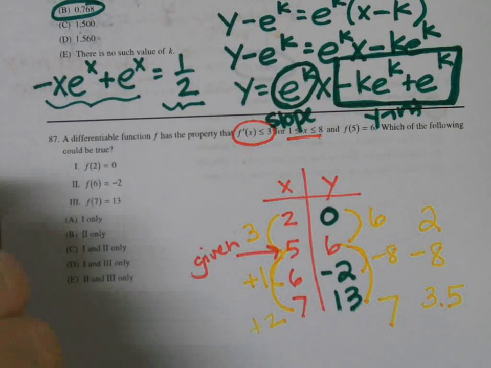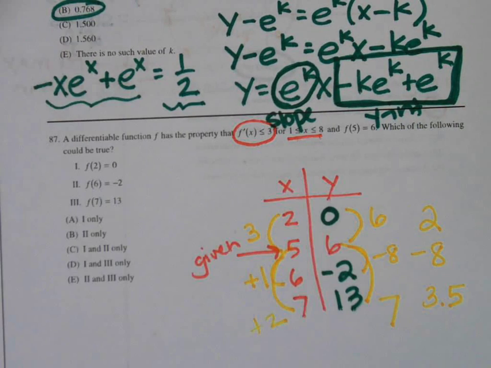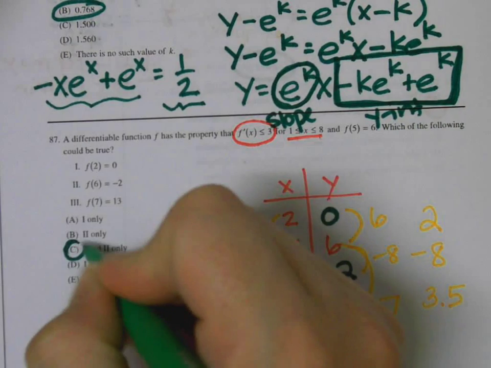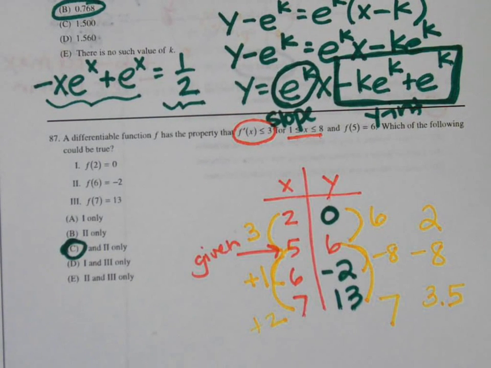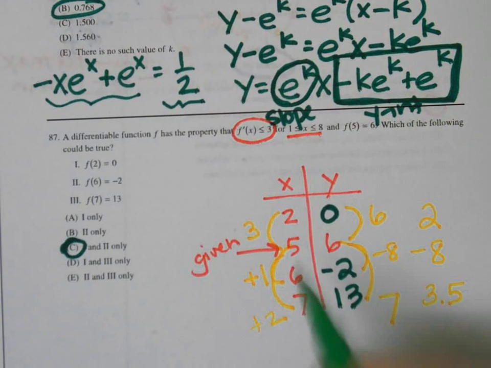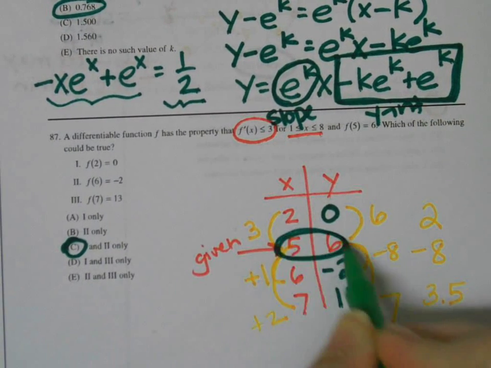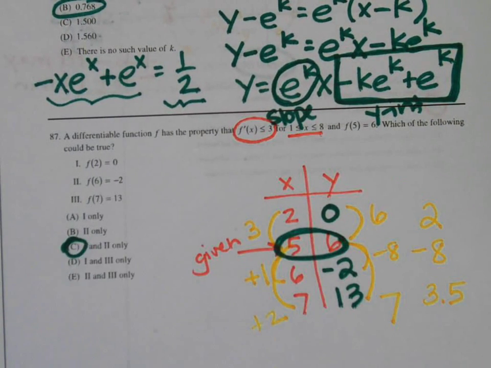A particle moves along a line so that its velocity is given by... For what values of t is the speed of the particle increasing? So remember, speed is increasing anywhere that velocity and acceleration have the same signs.